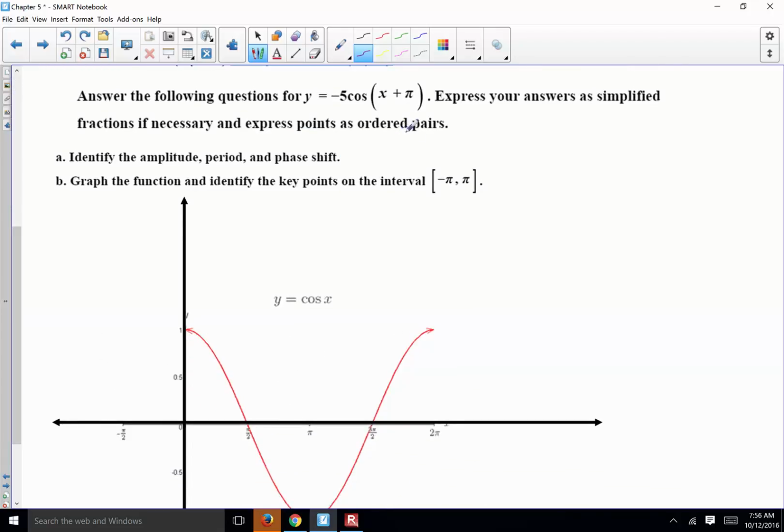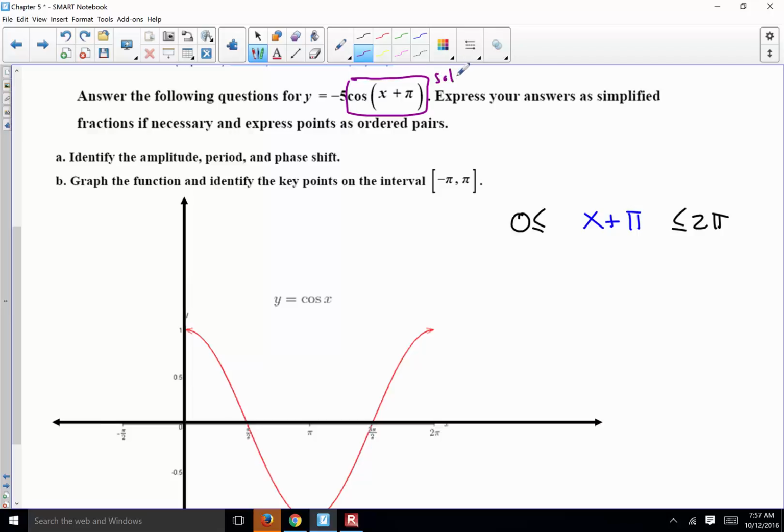Alright, let's do what I said right here. I put 0. I put 2 pi. What do I put in the middle? Yep, x plus pi. Right now, I'm focusing on picturing this. This is my focus, okay?